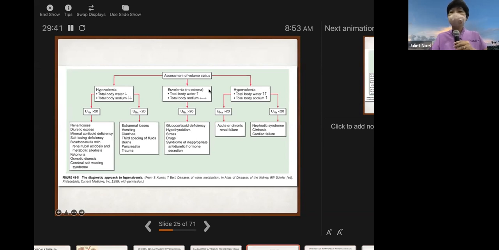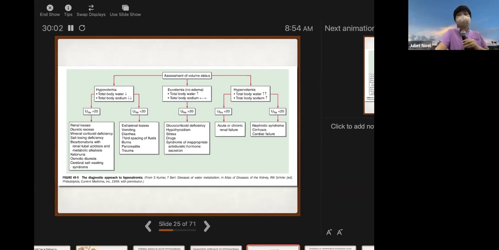So what would differentiate them is you look for urinary sodium. Urinary sodium is effective when you have not given any diuretic, because when you give a diuretic, it will block the absorption of sodium.